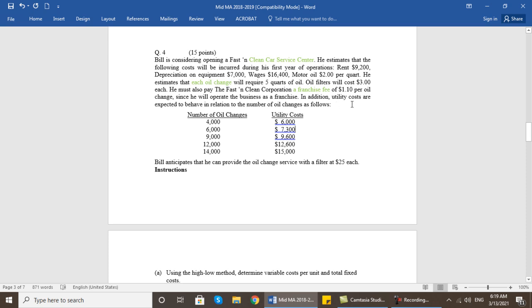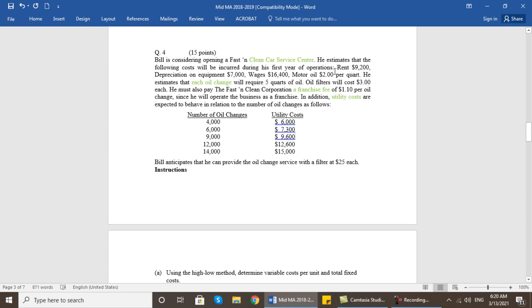In addition, utility costs are expected to behave in relation to the number of oil changes as follows. Utilities cost will be a mixed cost.